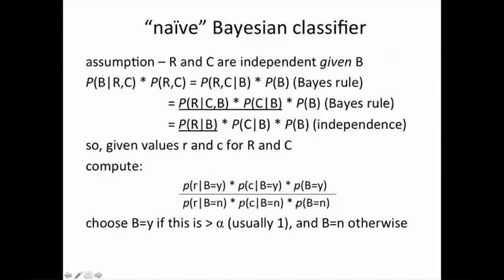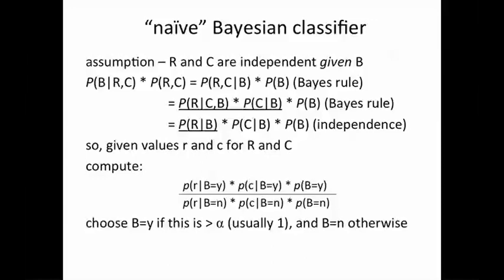Otherwise, we decide that B equal to no. So, congratulations, we have just derived the most fundamental classification mechanism or machine learning technique called the naive Bayes classifier from first principles. And as you can see, the derivation is simple arithmetic and basic probability.